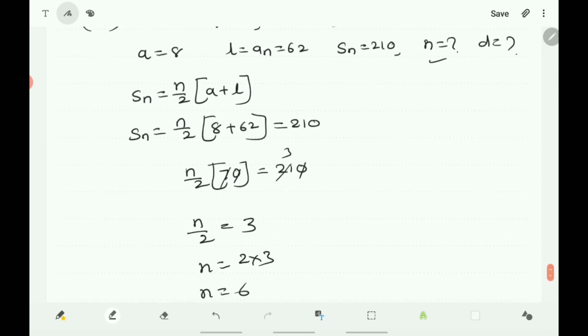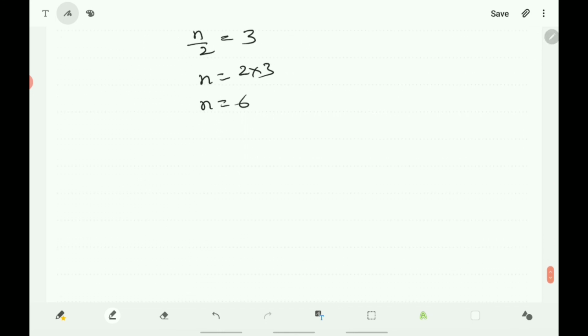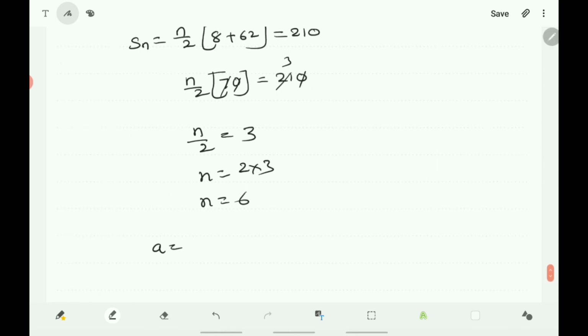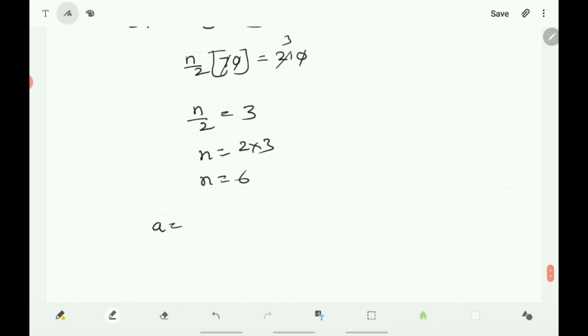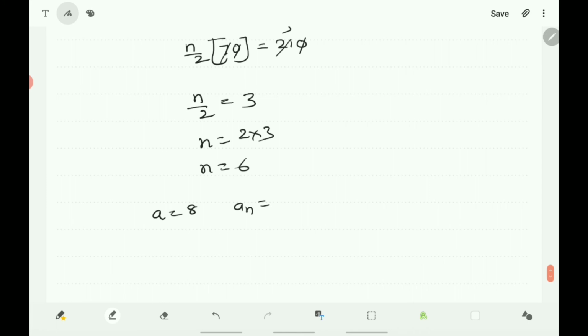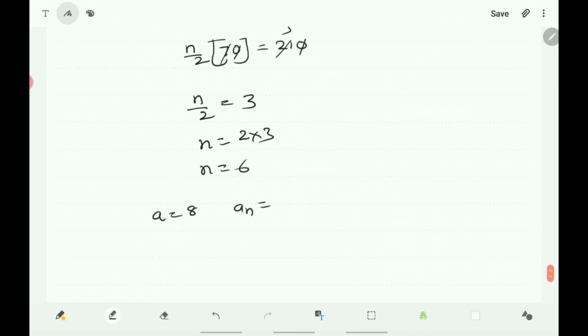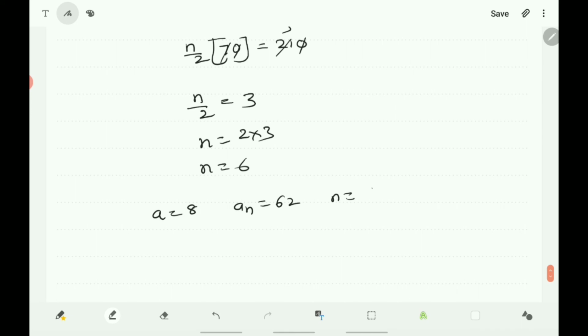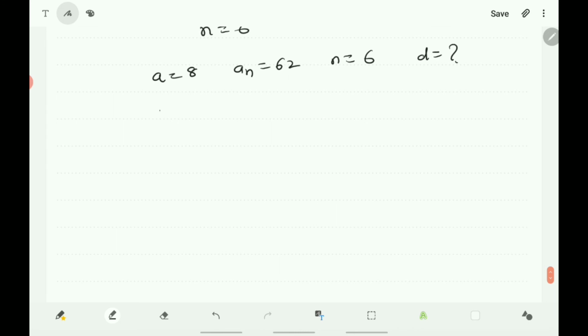Next, to get d, use the formula for an. So a is given, a is here 8, and an is equals to 62 you got, and n is equals to 6, and d equals question mark, and write the formula for an is equals to a plus n minus 1 into d. So a is 8 plus n is here, you got it 6 minus 1 into d, that is equals to 62.